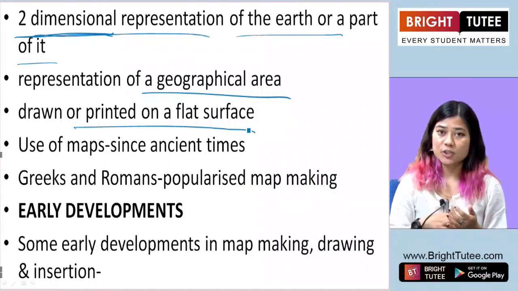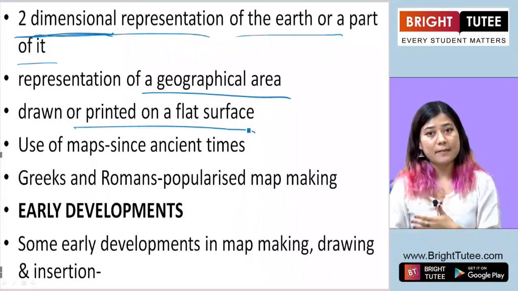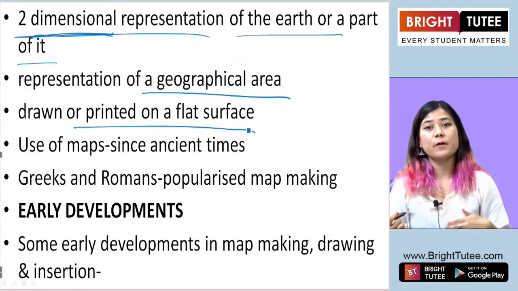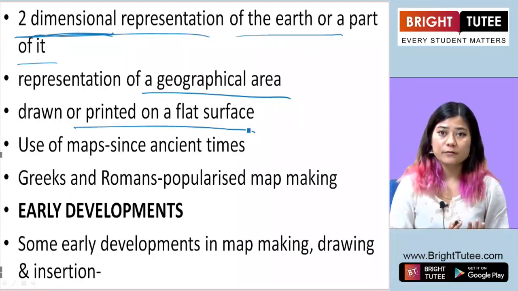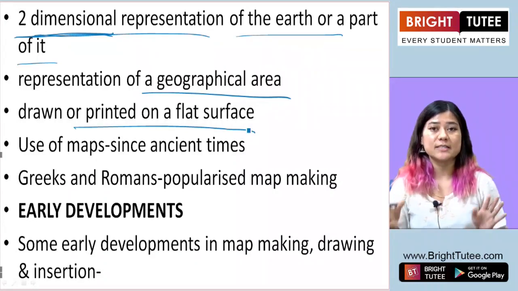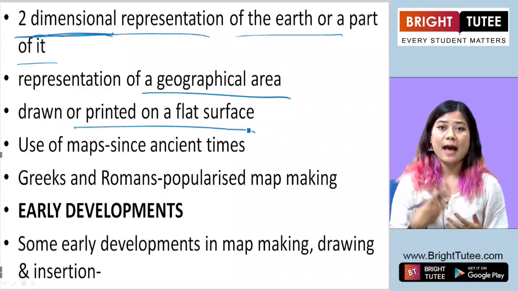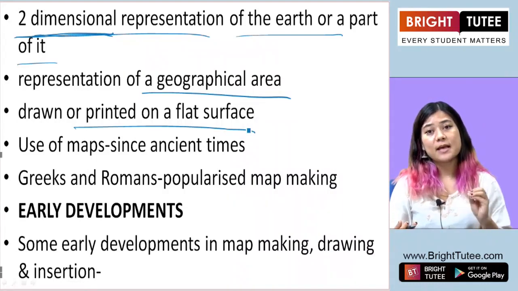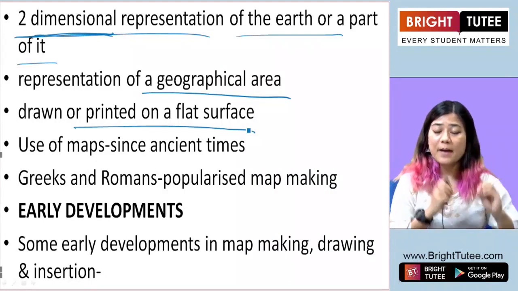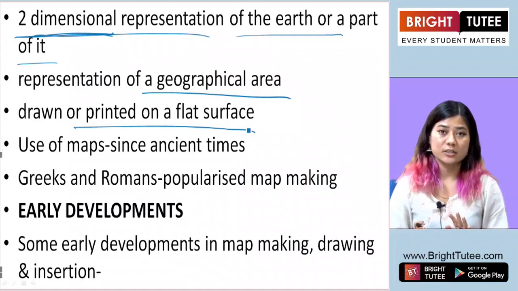Maps today we use all the time. Every phone has a GPS, and that is basically maps, which helps us to reach from one place to another. Maps are used to study geography. Maps are used for various reasons, and it seems like maps have always been there with us. But maps have been used since the ancient times.